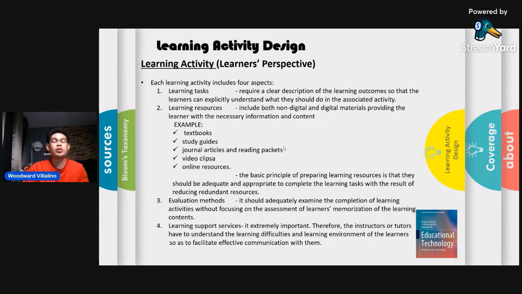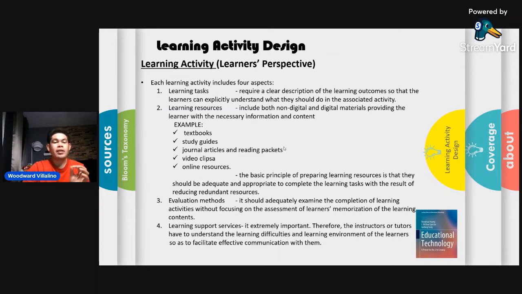So examples include the textbooks, which are vital in all schools. So in the perspective of learners, these are very important resources that we should have. We have the study guides, the journal articles and reading packets, the video clips, and the online resources.